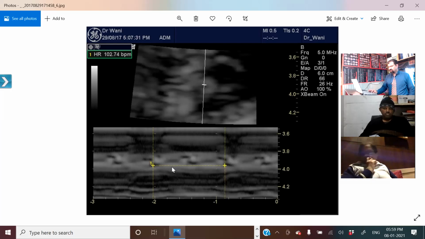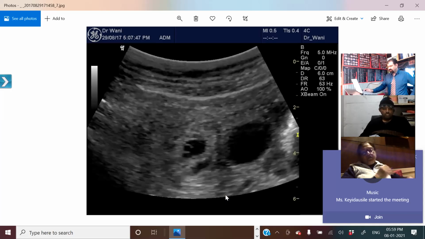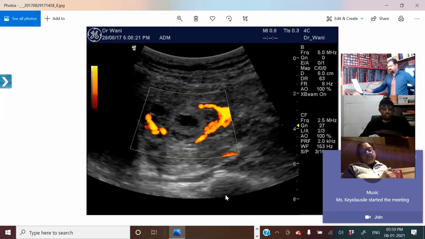So this is a live ectopic, and see the fetal heart rate, 102. See how we are taking the fetal pulsation, skipping one and taking the third one into account, on alternate basis. So again, this is the ectopic pregnancy, and on color investigation, this is the gestational sac for sure.